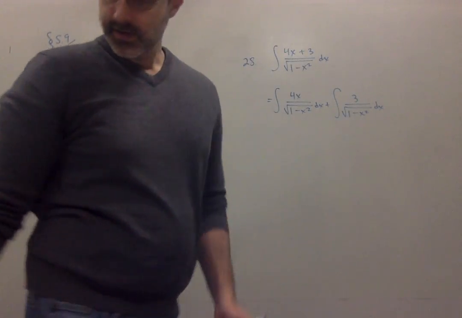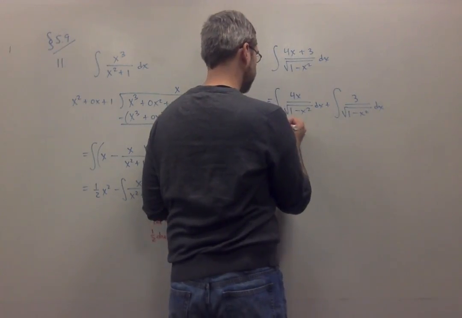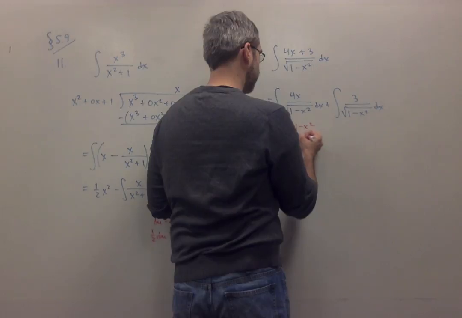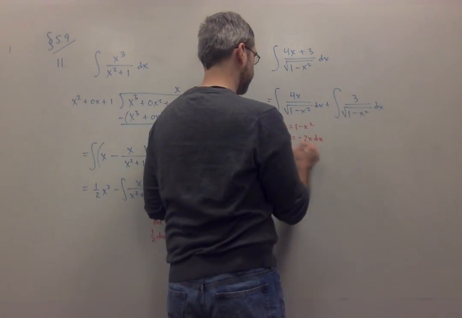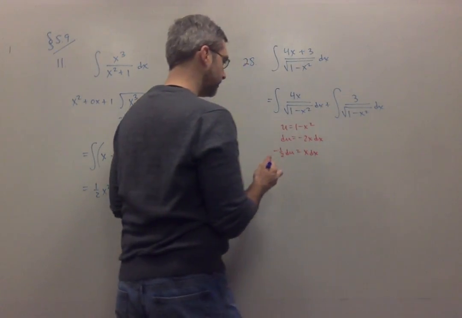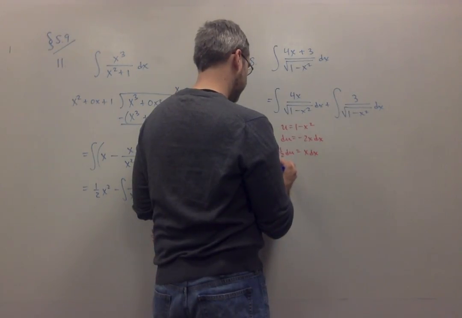Okay. And for this first one, we do indeed do a u substitution. U equals 1 minus x squared. Du is negative 2x dx. So negative 1/2 du is x dx. So we end up with a negative 1/2 and a 4.